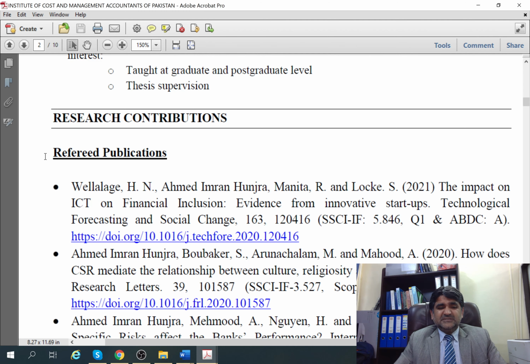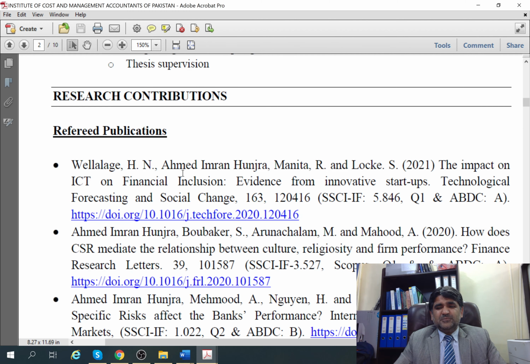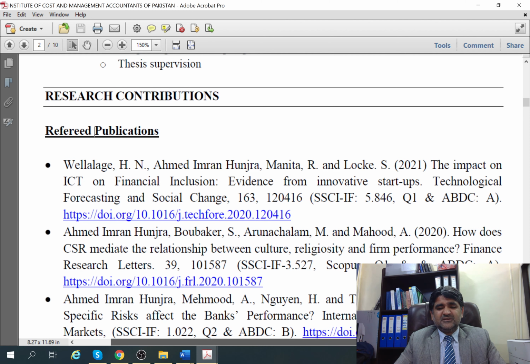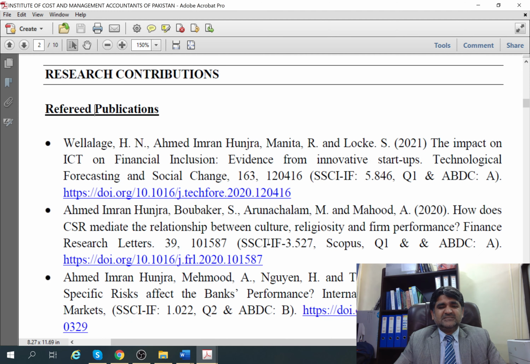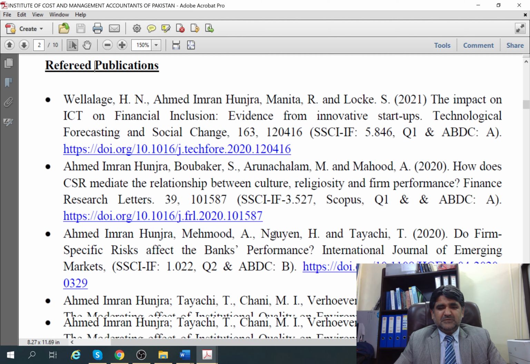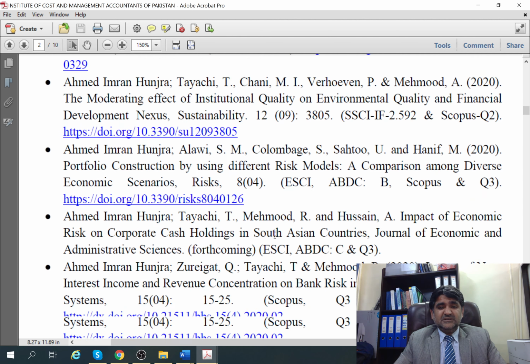And obviously it's the overall proof of how much research skill you have, whether you can produce quality research and publish it in top tier journals. You have to mention only a few, or if you think that all the papers are published in good journals, then you can mention them, and that will be much more important.